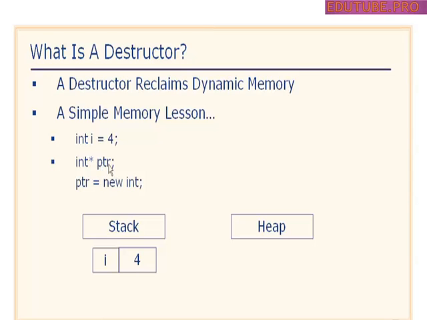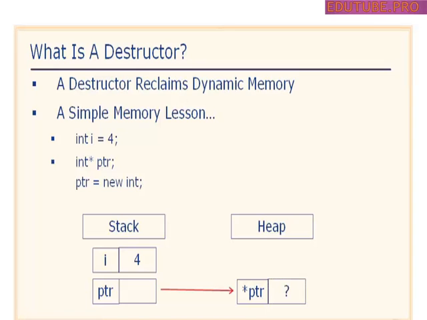However, if we create any object and we use the new keyword here, notice here we've created a pointer of type integer, and then we have set that pointer equal to a new instance of integer. All right, what we just did is we created the pointer, and then with the new keyword we placed that pointer out on the heap.